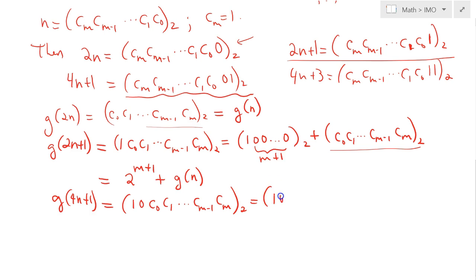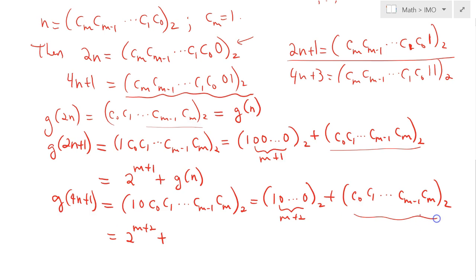But again, splitting it, in binary you would have m plus 2 zeros here, plus the remaining term, which is C_0, C_1, all the way to C_{m-1}, C_m in binary. So this can be represented as 2 to the power m plus 2 plus this remaining term, which is simply G of n again.